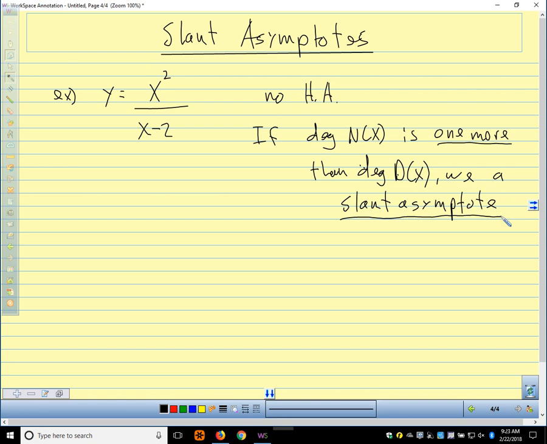How would you guess that we're going to find it? What if we had a fraction with numbers and the numerator was bigger than the denominator? What could we do with those two numbers to rewrite the fraction? We had like 27 thirds. What do we do with a fraction like 27 thirds?